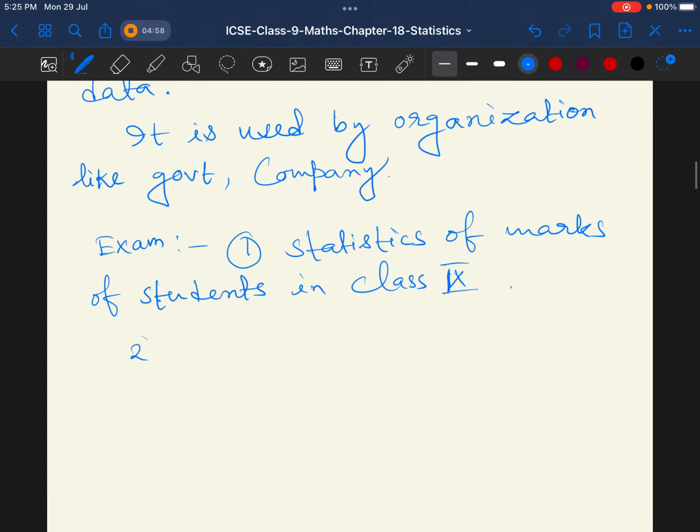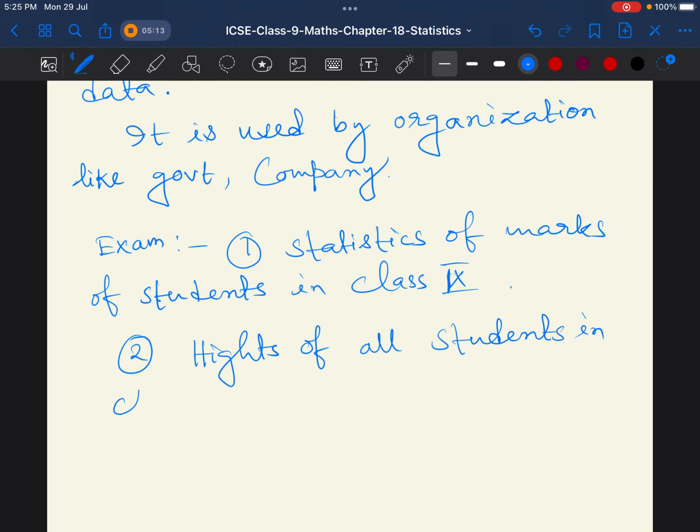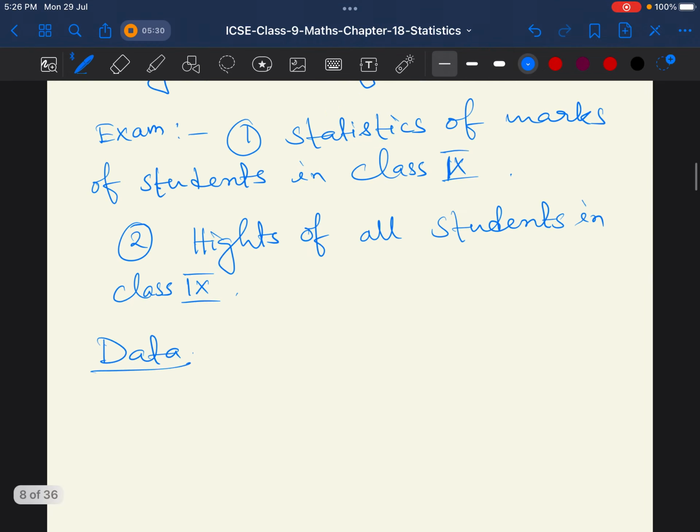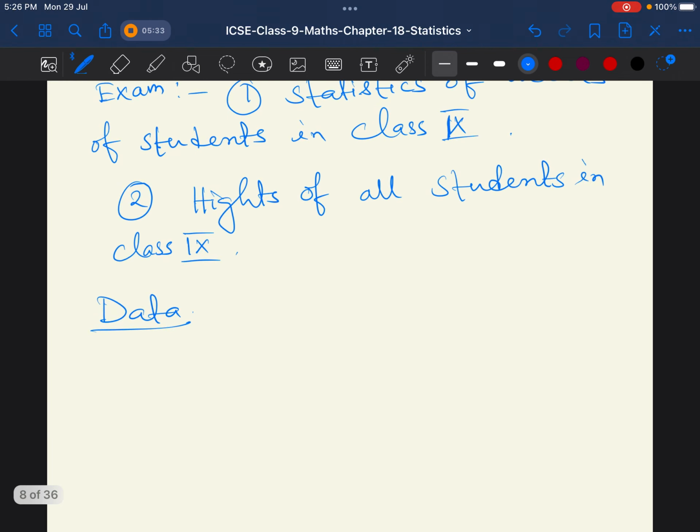The heights of all students in class 9. Okay, so here you see some data. Okay, so what is data?